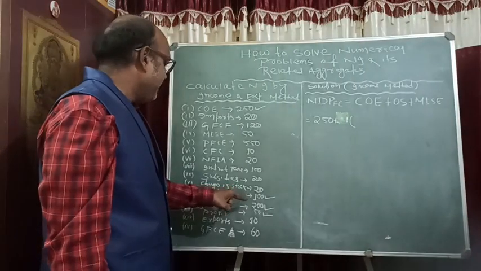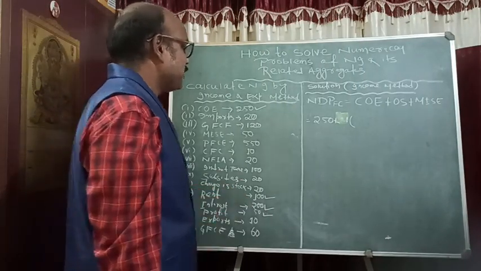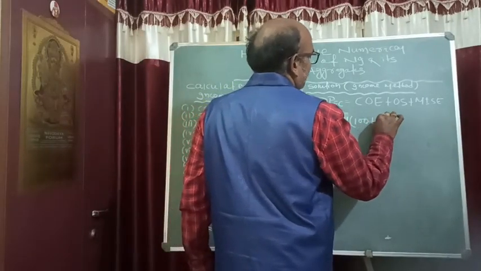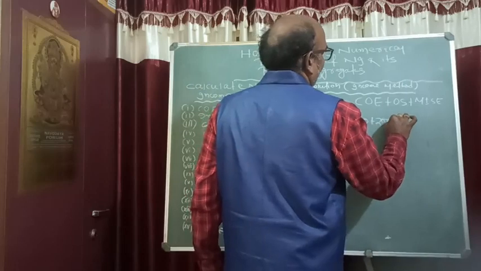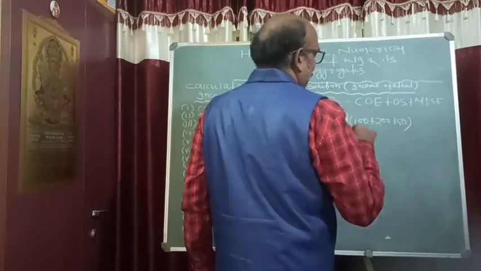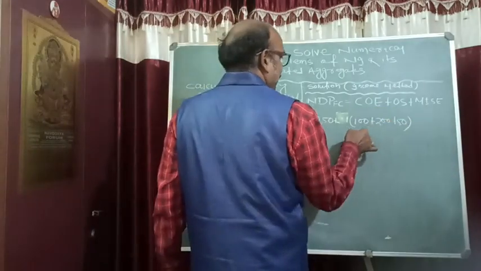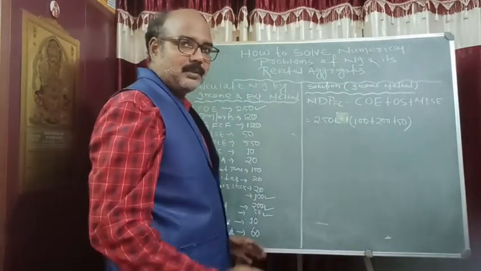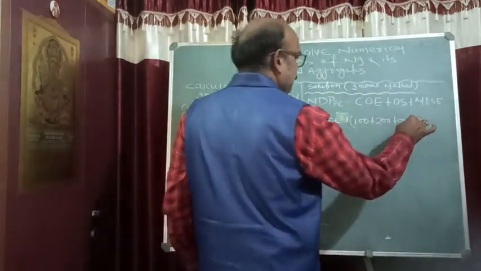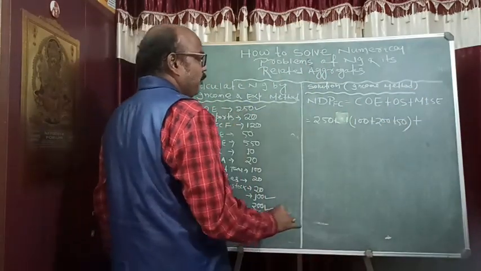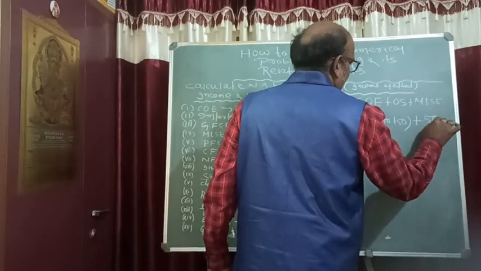So 100 plus 200 plus 50. You put it in a bracket so that it can be easily understood that these three come under the operating surplus. Is it clear? Now come to mixed income of the self-employed, which is 50.